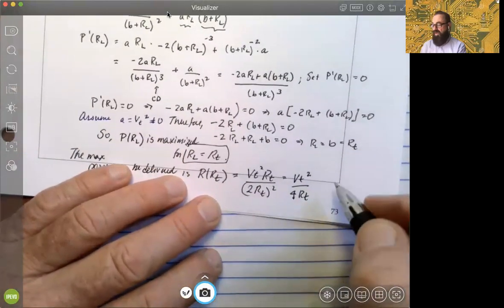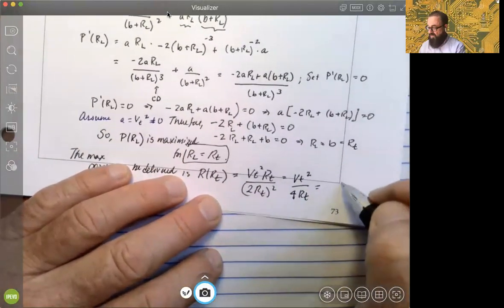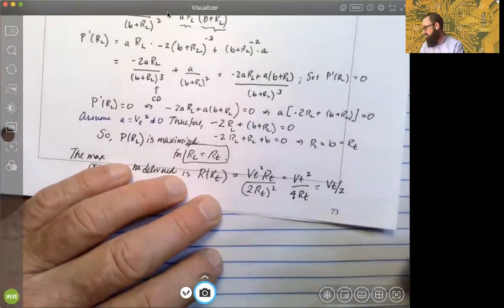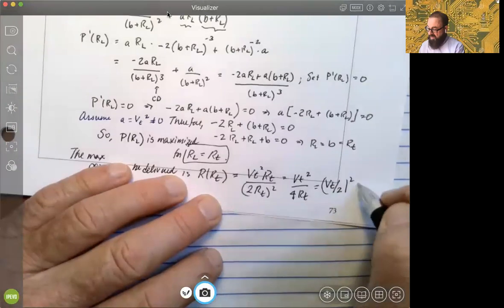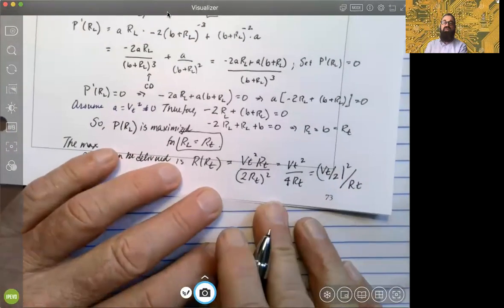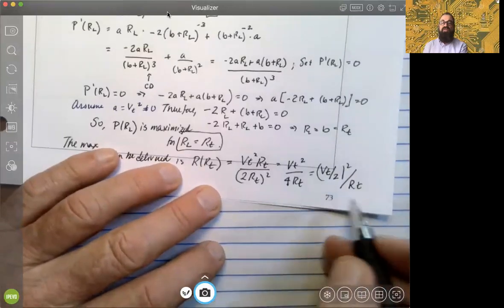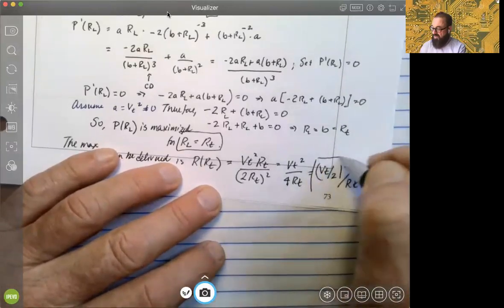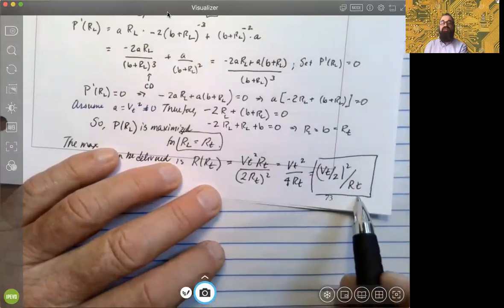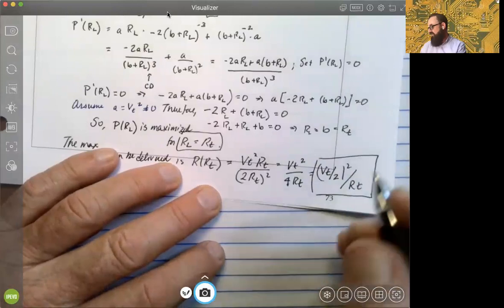Or somebody could write it this way: take half of the Thevenin voltage and square it and divide that by R sub T. Either formula here is fine. It's just a way of looking at it in terms of the original parameters V_T and R_T. That is the max power possible.